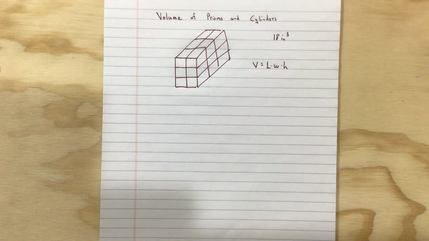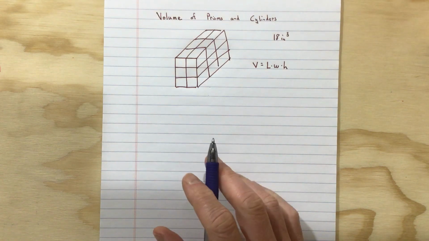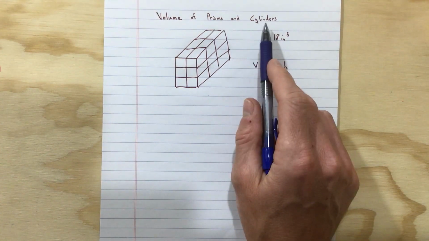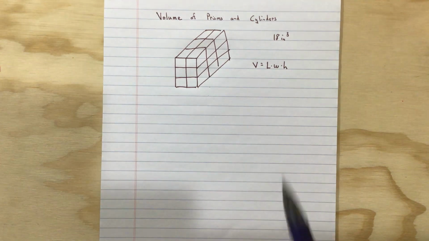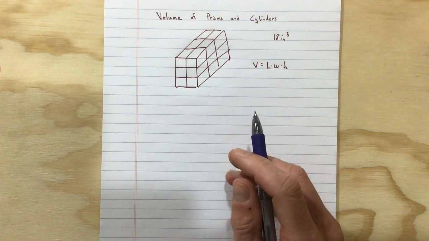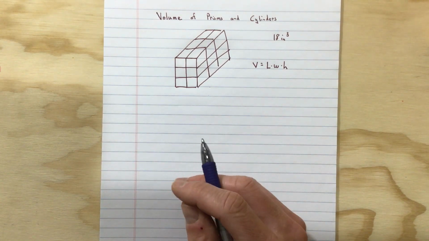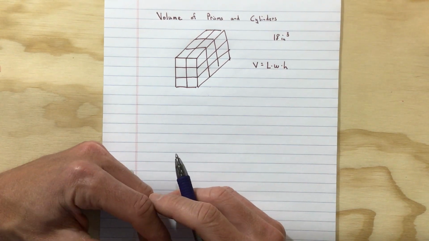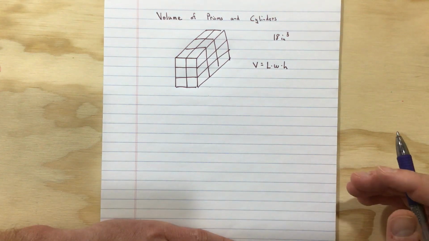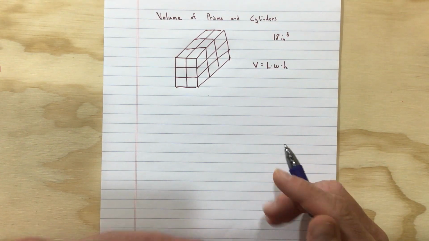What I really want to emphasize is that idea, because that's going to be the common theme that we have for prisms and cylinders, and really it's a ton of calculus. And I know you're not going to be in calculus for a long time, but the idea of stacking a 2-dimensional shape to then build a 3-dimensional shape is super important.